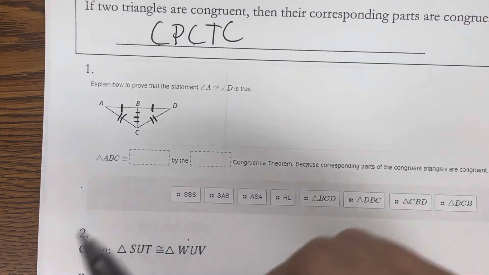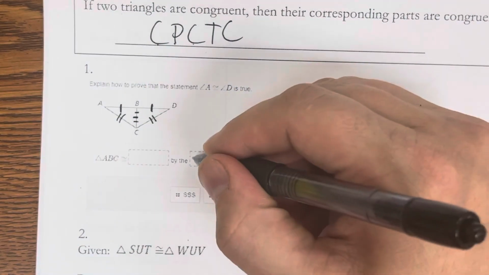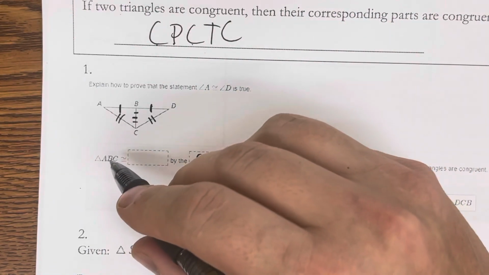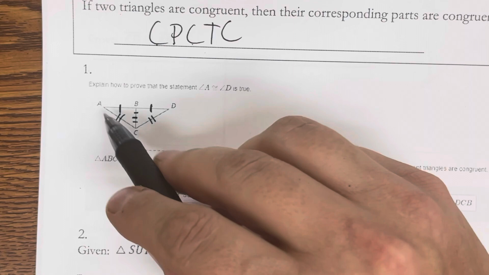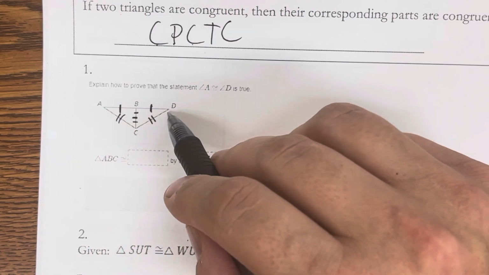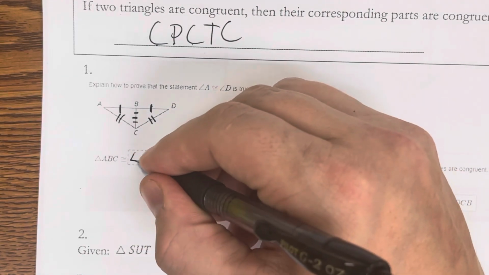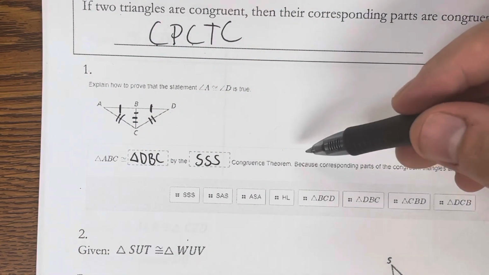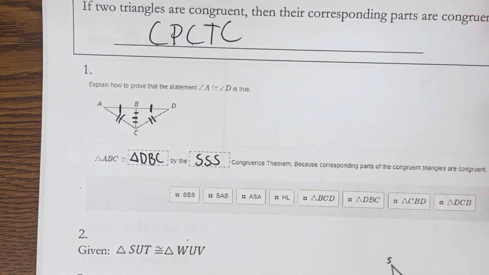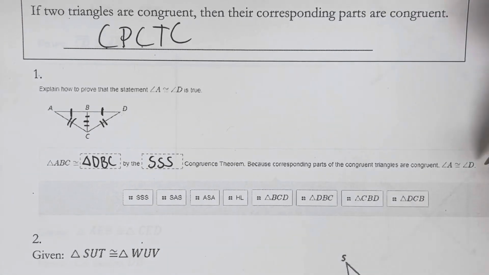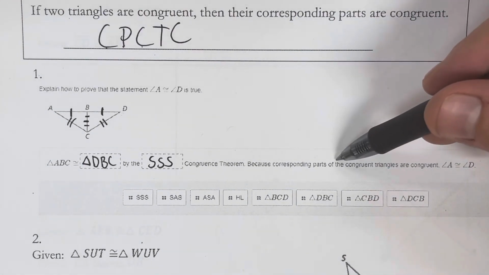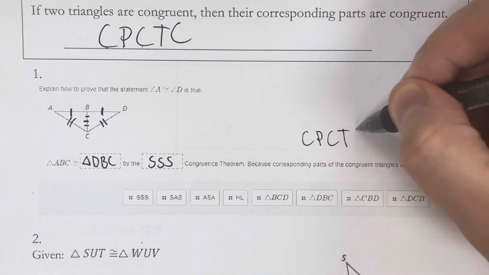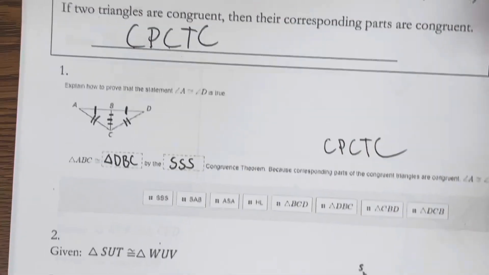So now I could state that the triangles are congruent by side, side, side, and I have to name the triangle correctly. So ABC, angle A would correspond with D, so we'd have to go DBC. And then we could state that angle A is congruent to angle D because corresponding parts of congruent triangles are congruent, which is CPCTC.